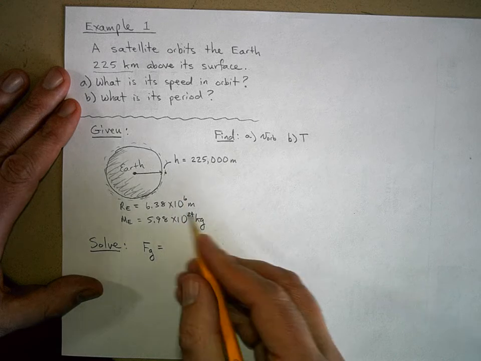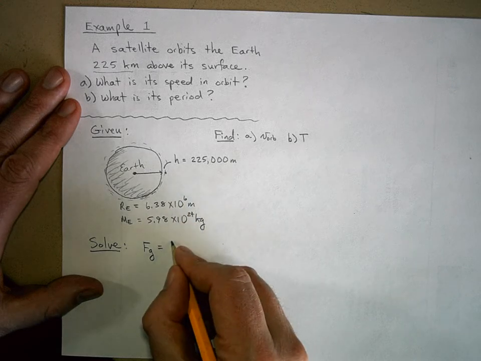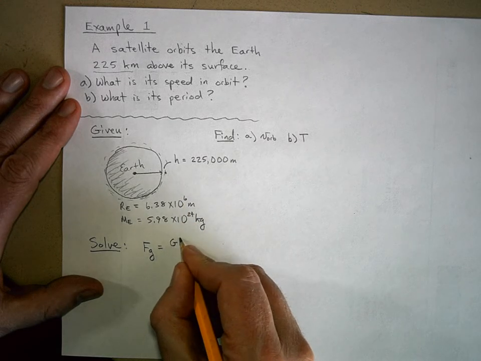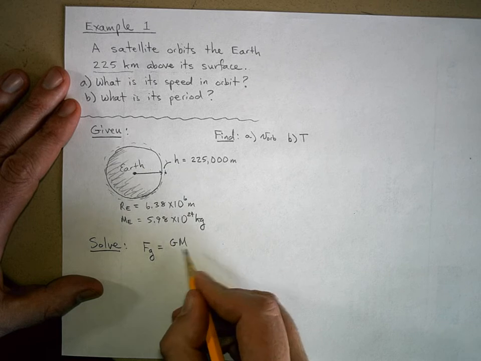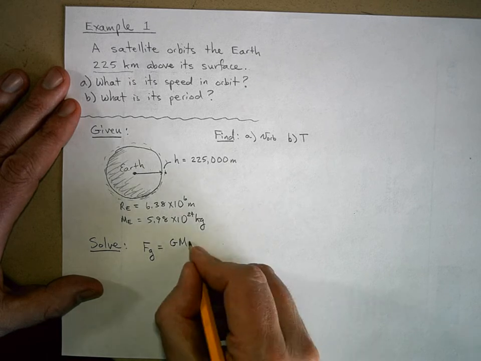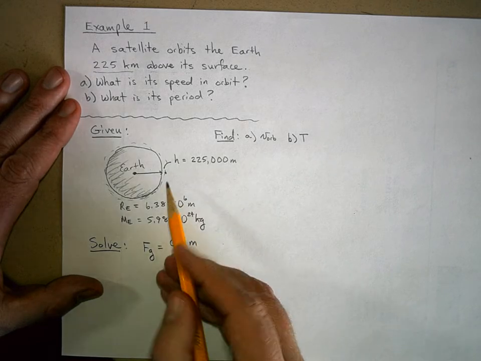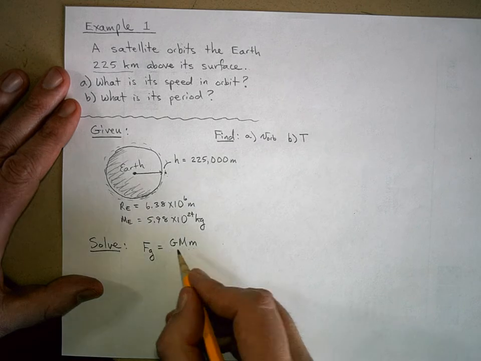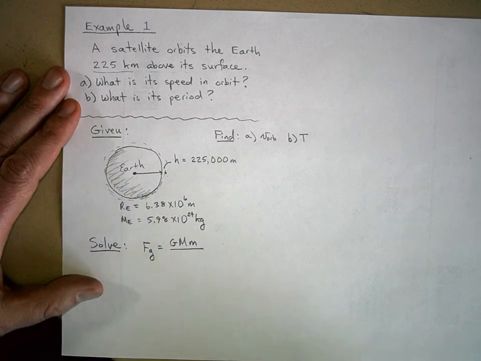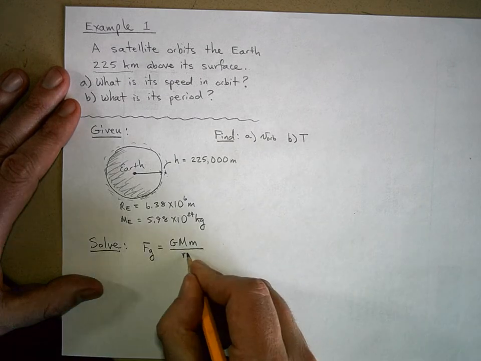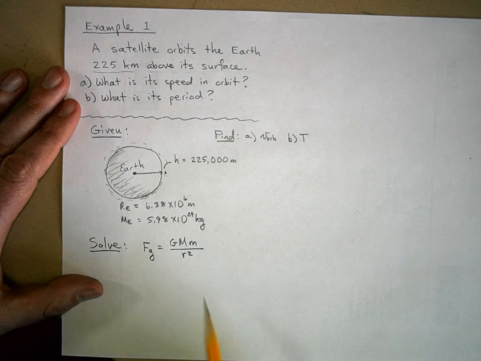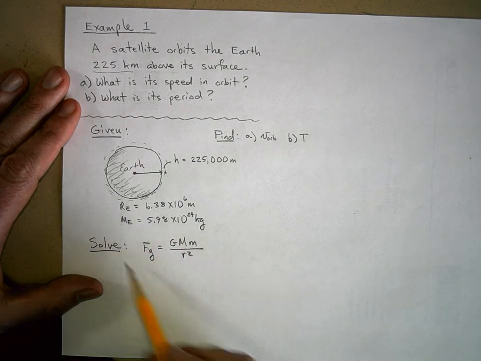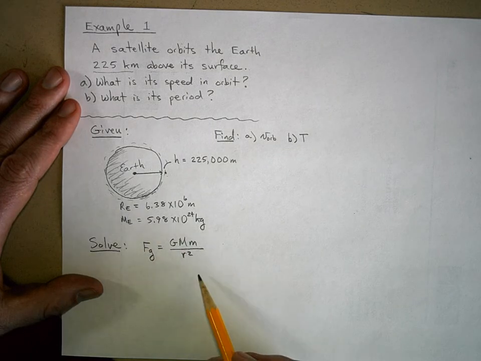And so we know that the force of gravity is equal to the universal gravitational constant times the mass of the Earth times little m, usually the mass of our satellite, which wasn't given. If the mass isn't given, what can you assume is going to happen? It's going to cancel out. Right. Over r squared, that's what we learned. Newton's law of gravity.